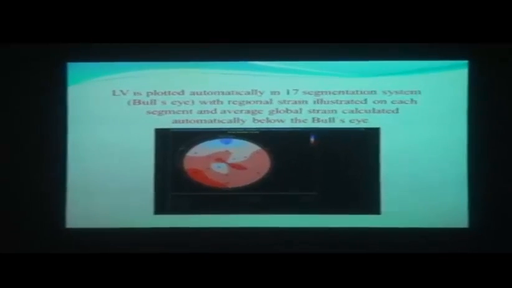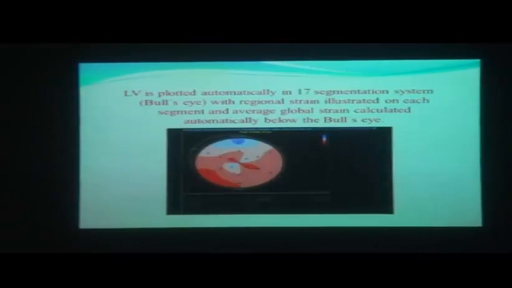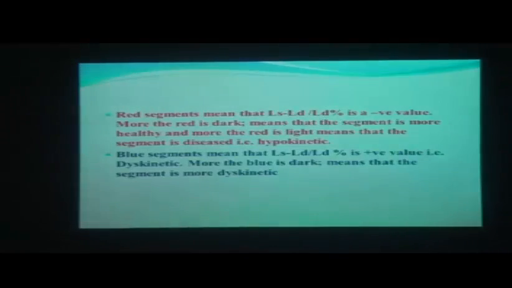Left ventricle is plotted automatically in a 17-segment system with regional strain illustrated on each myocardial segment, and the average global strain calculated automatically below the bullseye. Red segments mean that the regional strain is negative.